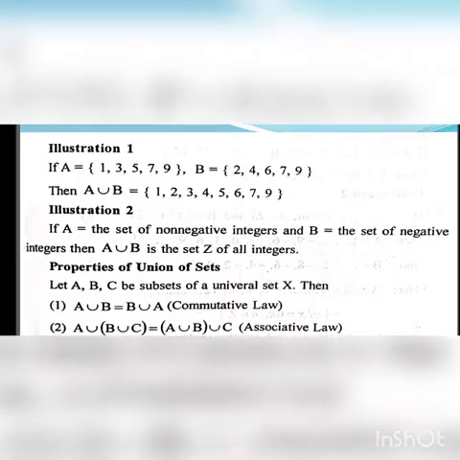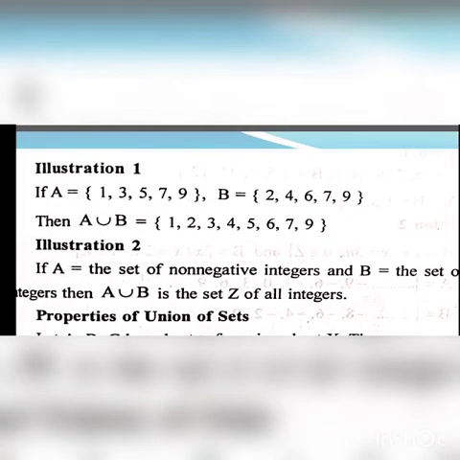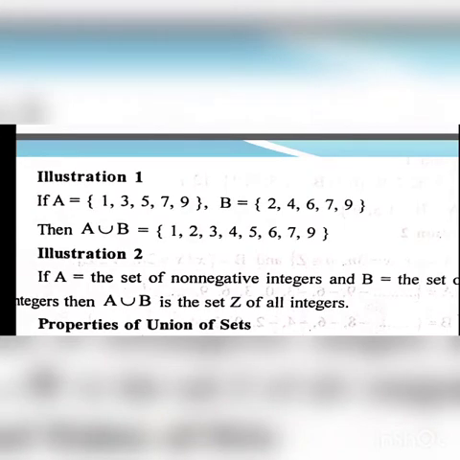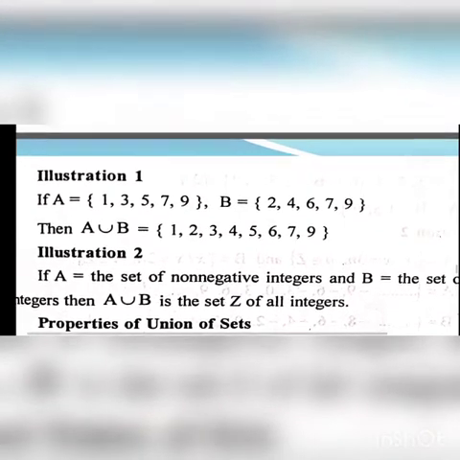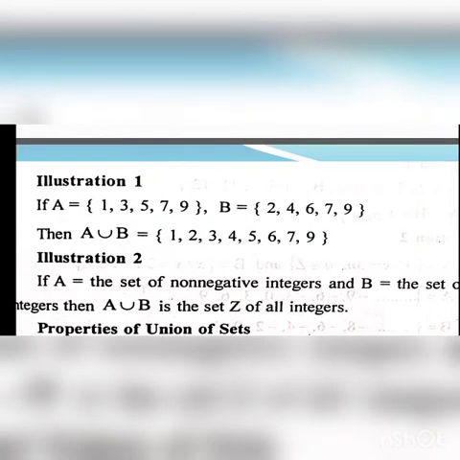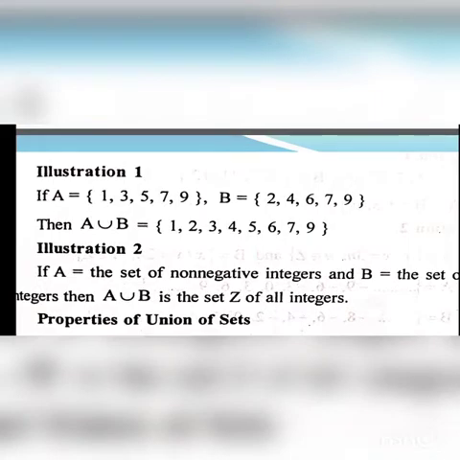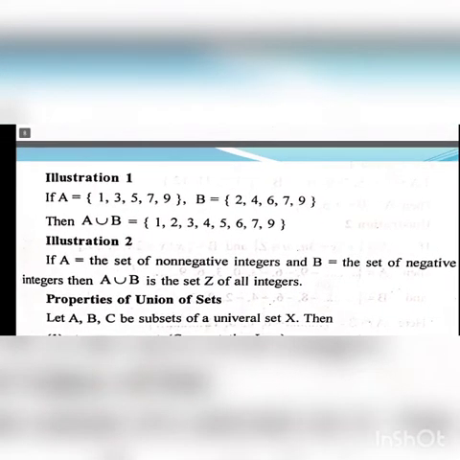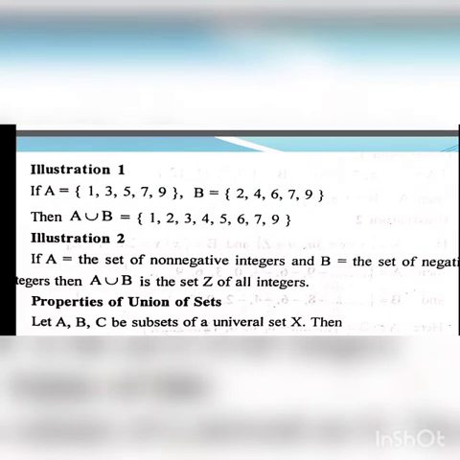So here A union B is equal to 1, 3, 5, 7, 9, 2, 4, 6, and 7, 9 are the common elements. We cannot repeat them in the set A union B. Therefore, the elements in A union B are 1, 2, 3, 4, 5, 6, 7, 9.